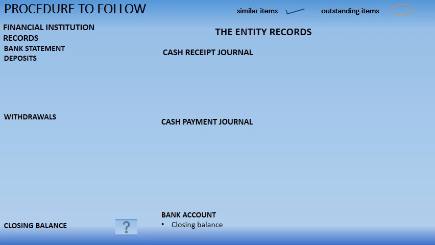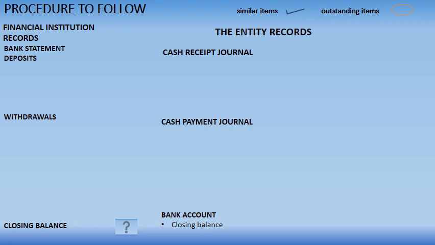The deposit side of the bank statement will be compared with the deposits that were recorded in the cash receipt journal, while the withdrawal side of the bank statement will be compared with entries that were recorded in the cash payment journal. The comparison will be done as follows.